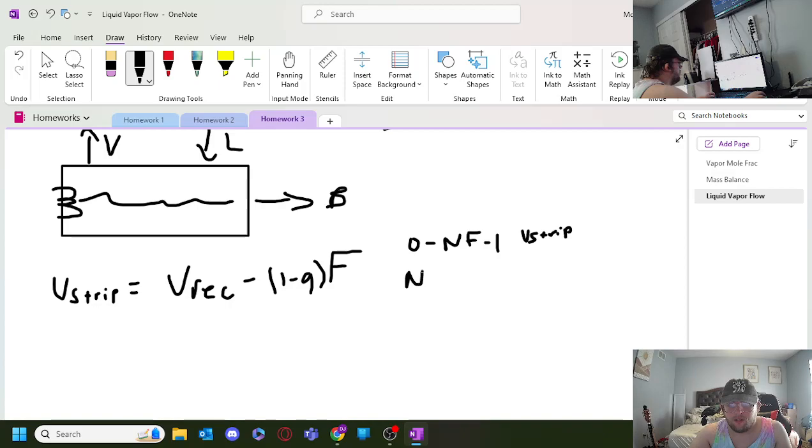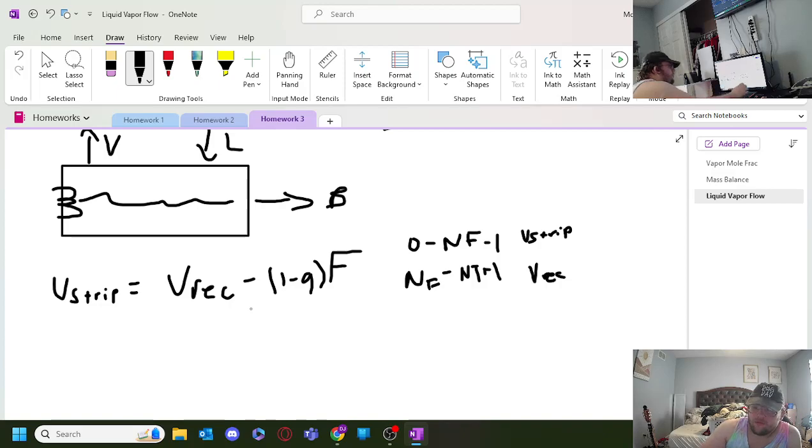And then for NF through NT plus 1 for our condenser, that's going to be our V rec. Alright, so now we got that going.